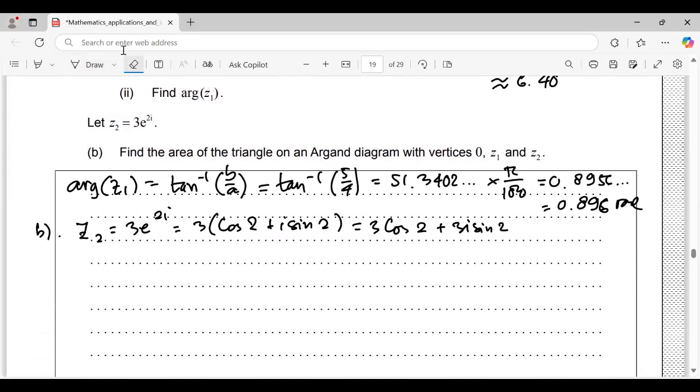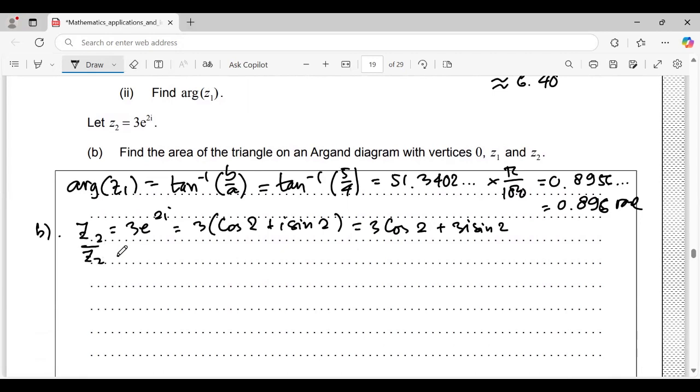Now I'm going to multiply Z1 by the complex conjugate of C2.